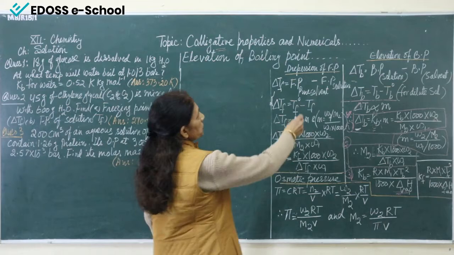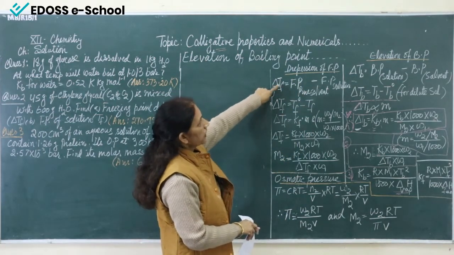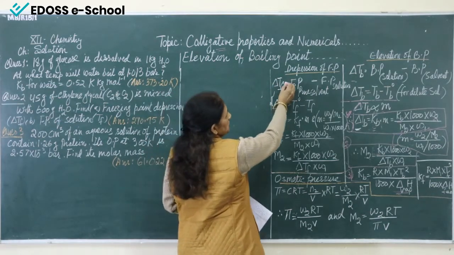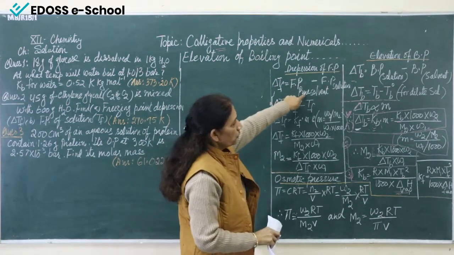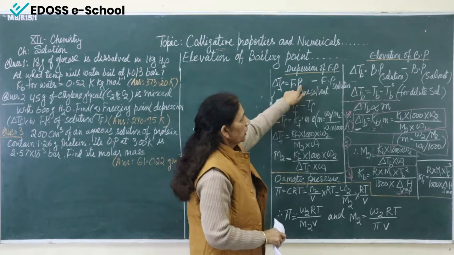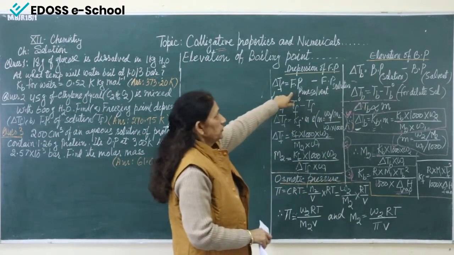This is depression of freezing point. In the same way it will be delta TF. Depression of freezing point means delta TF, and this is equal to freezing point of pure solvent minus freezing point of solution. Here it was boiling point of solution minus boiling point of solvent, so this is the difference.